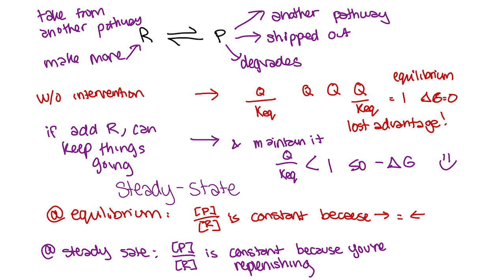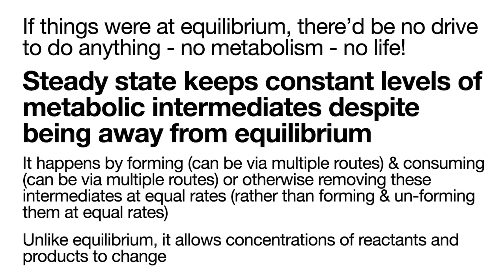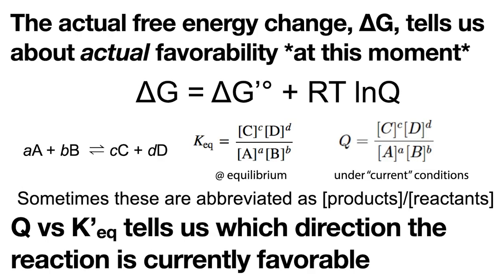And as you drive towards equilibrium, you lose that drive. So that's why we keep a steady state rather than getting things to equilibrium. We maintain fairly constant levels of things by replenishing what we're taking out. And then we can take out things in order to drive pathways forward as well. So the actual G, the actual free energy change, is going to be different than the G naught, sometimes dramatically so.